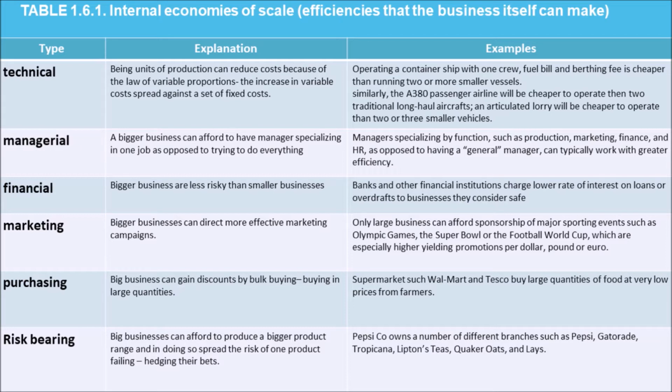The increase in variable costs is spread against a set of fixed costs. For example, operating a container ship with one crew, fuel bill, and berthing fee is cheaper than running two or more smaller vessels. Similarly, the A380 passenger airliner will be cheaper to operate than two traditional long-haul aircraft. An articulated lorry will be cheaper to operate than two or three smaller vehicles.